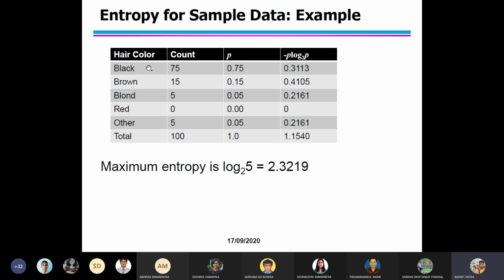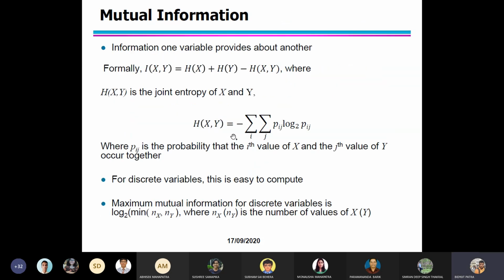So then what you do is take the summation over i and then you take this value. But now here it is joint entropy. So joint entropy means those two distinct values jointly, how many times they occur out of the total number of samples.